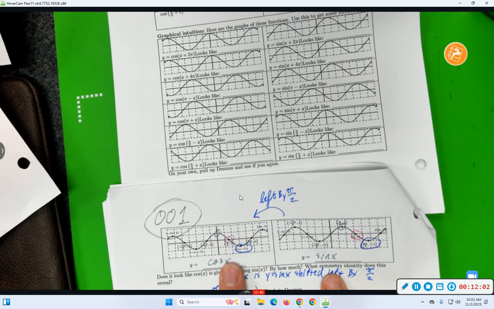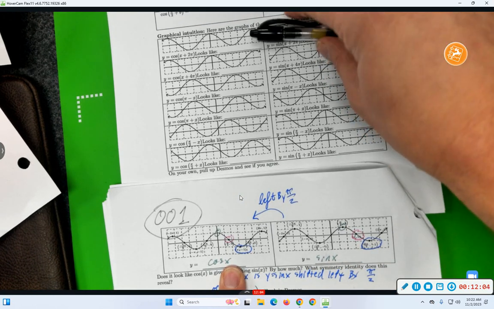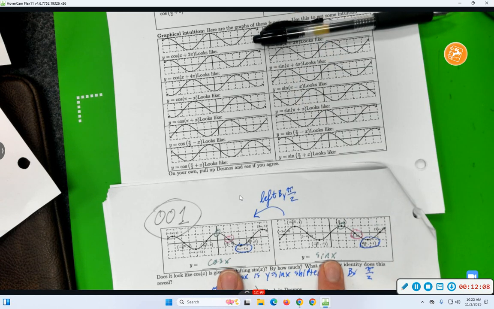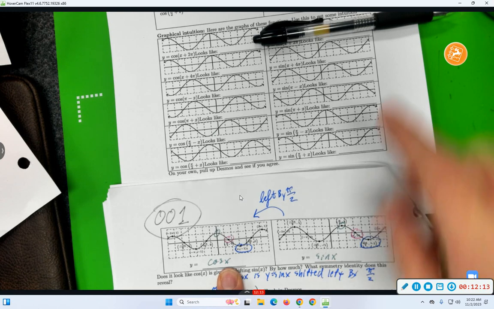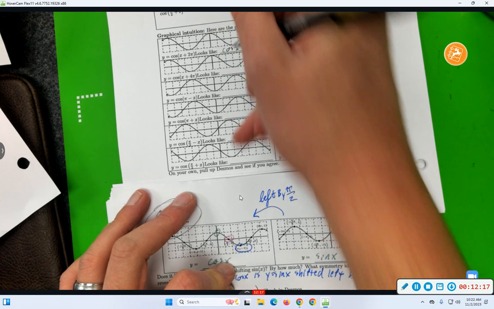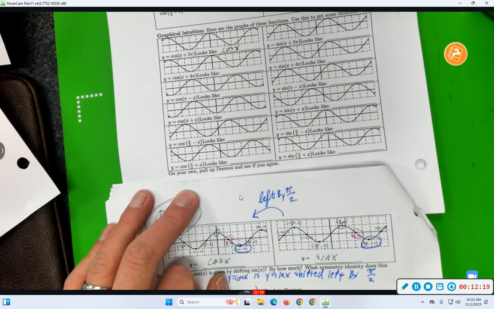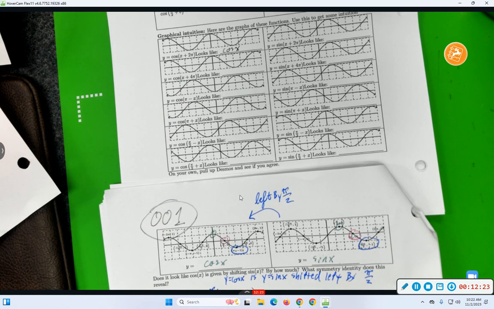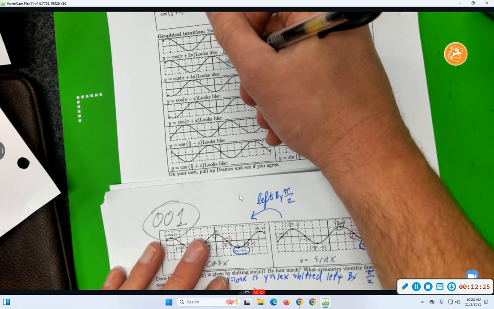There's the graph of cosine of x and sine of x. There's the graph of cosine of x plus 2 pi. Which of these two graphs does that one look like? Cosine of x. So that's something that suggests that cosine of x plus 2 pi is the same thing as the cosine of x. How about the cosine of x plus 4 pi directly below it? What does that graph look like? Still cosine of x.